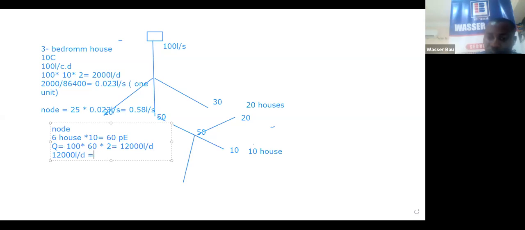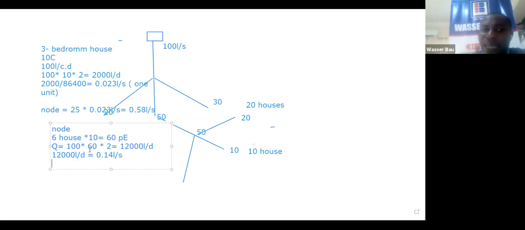Dividing it by 8,400 will give me 0.14 liters per second. That's the value.